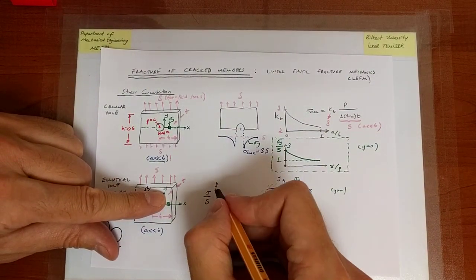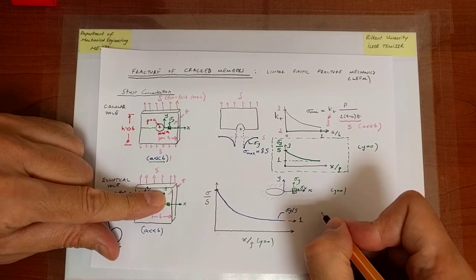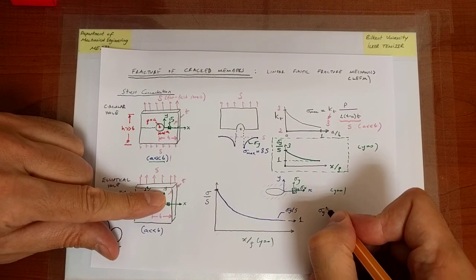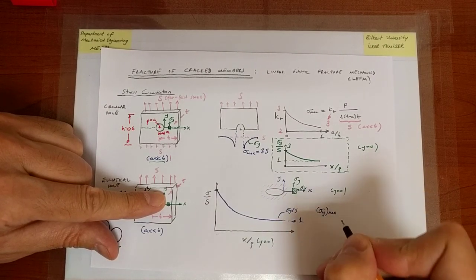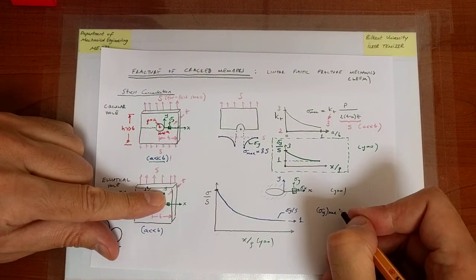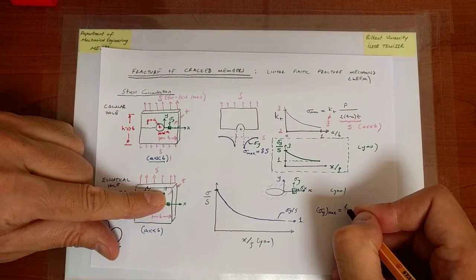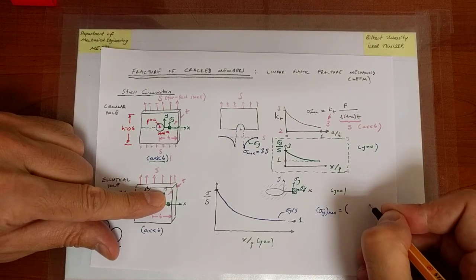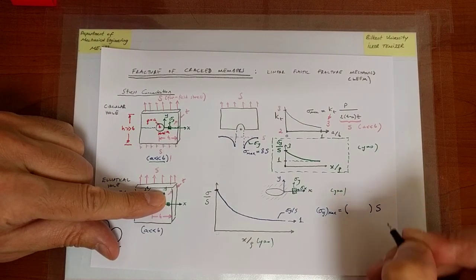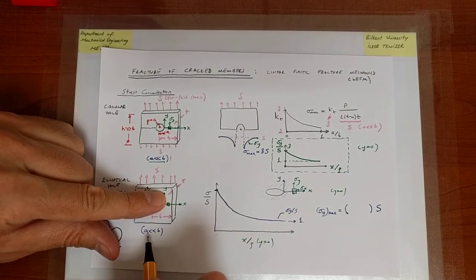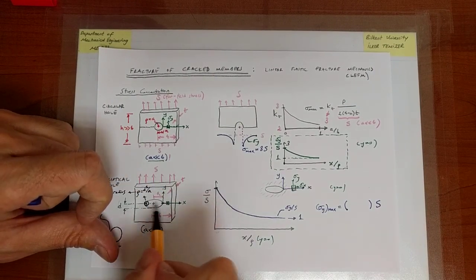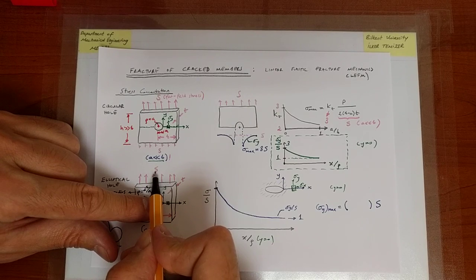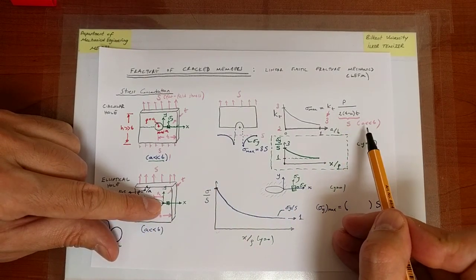So it turns out that the sigma y max that we can measure in this case is, as you will remember, a stress concentration factor times the average stress on the cross section. But because we are assuming a is much, much less than b, the average stress on that cross section is approximately equal to S, just like we argued over there.